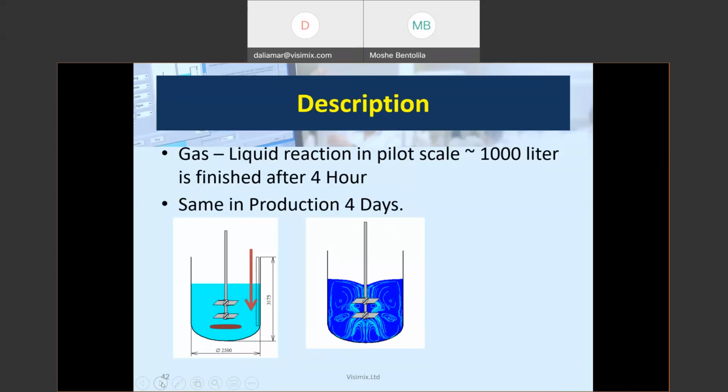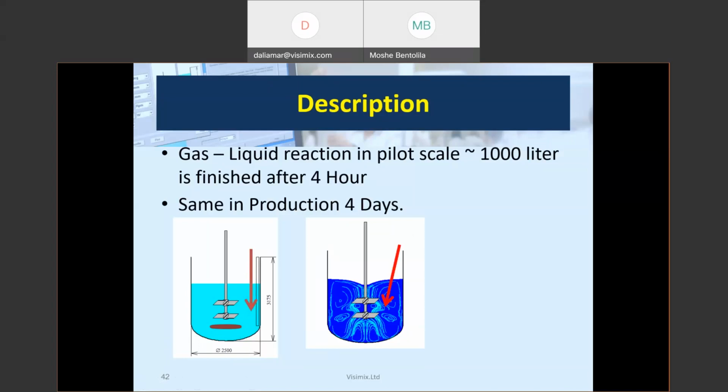Okay, but how to solve? This is the big point. It was not possible to change the dip pipe in the big equipment, and they had no capability to install a sparger. So how to solve? Good question, yes. And the answer is so simple. Change the position. How to change the position? You are at the top of the tank.